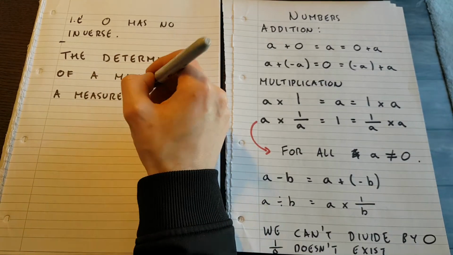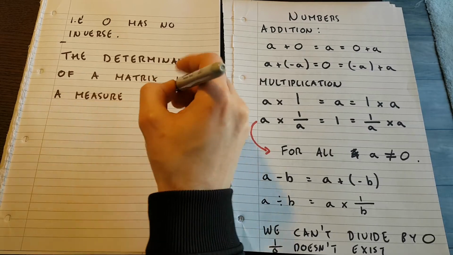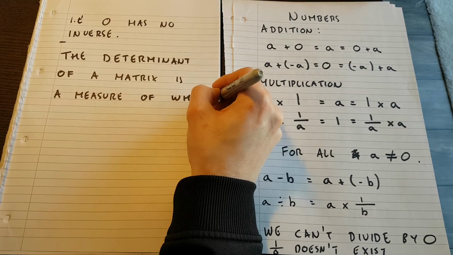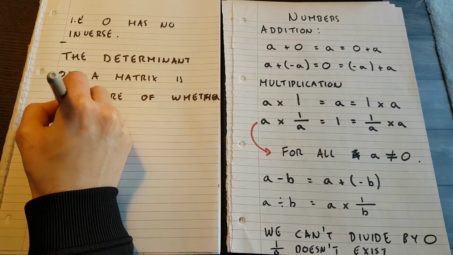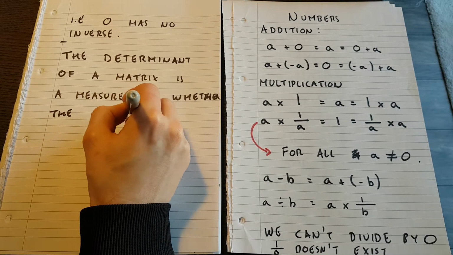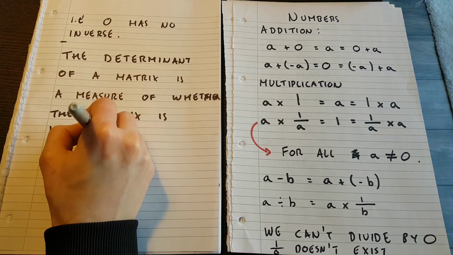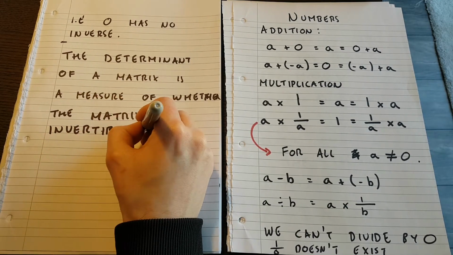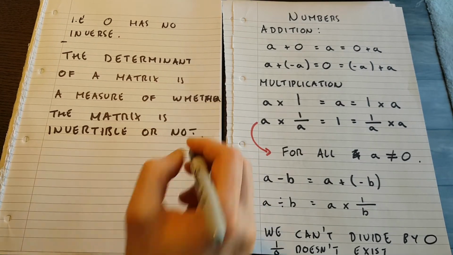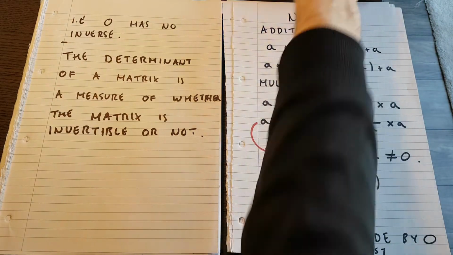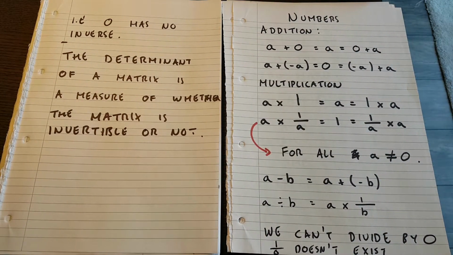The determinant of a matrix is a measure of whether the matrix is invertible or not. Okay, we'll talk a little bit more about it. It's really just a special value that's associated to every square matrix, and we'll talk about the forming of determinants probably in the next video.